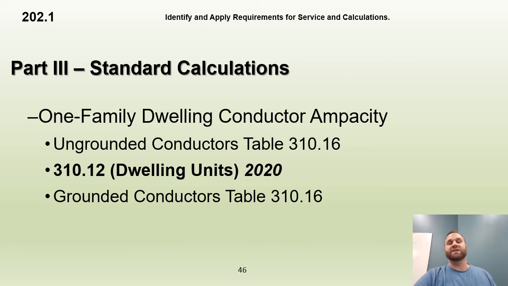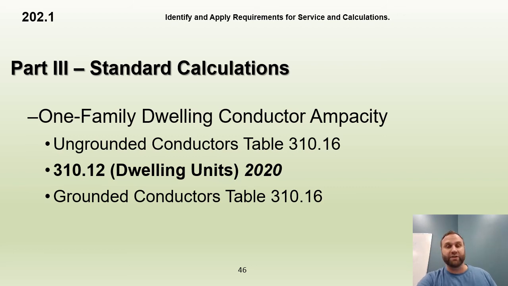Now, we size our feeder conductors one of two different ways. First and foremost, we would size it based off of 310.16. That's our table for conductor ampacity. I look at 310.16 and see what size wire, and I believe in the 75-degree column, because this is a 100 amp or more service, and according to 110.14(C), I'm supposed to consider that 75 degree terminations unless it's listed otherwise.